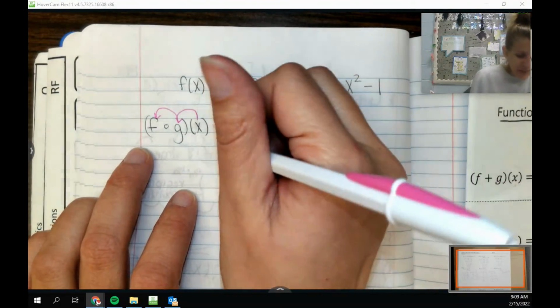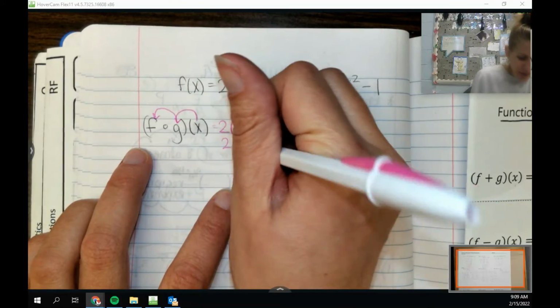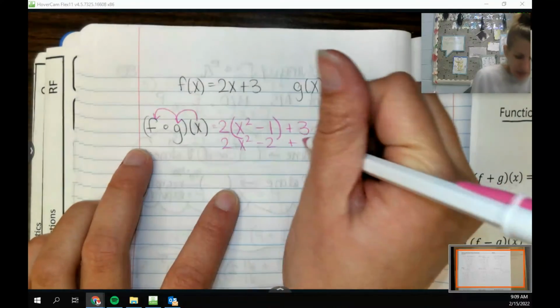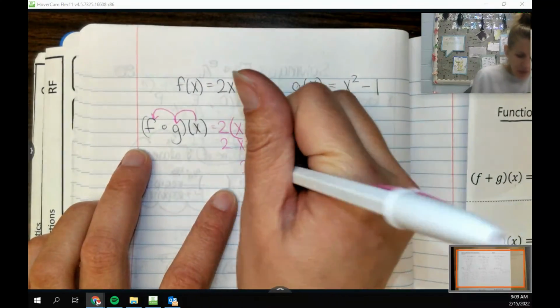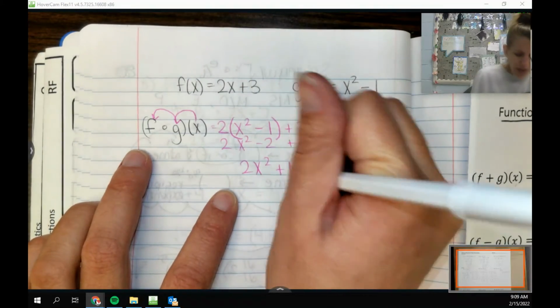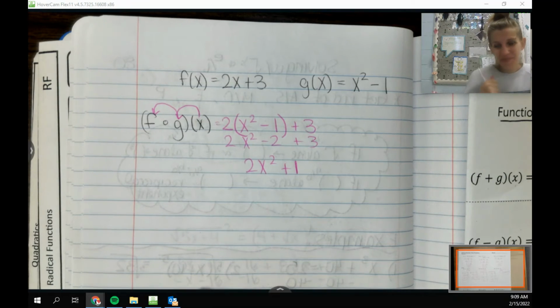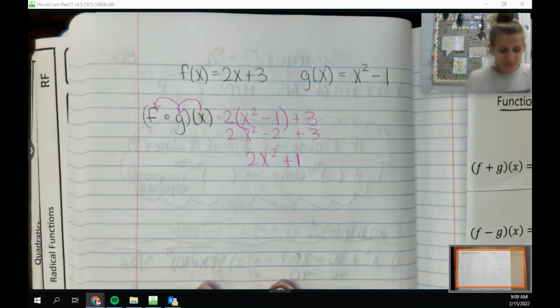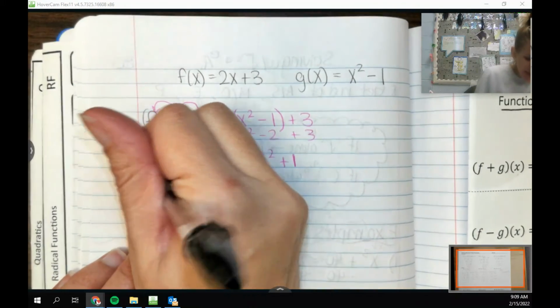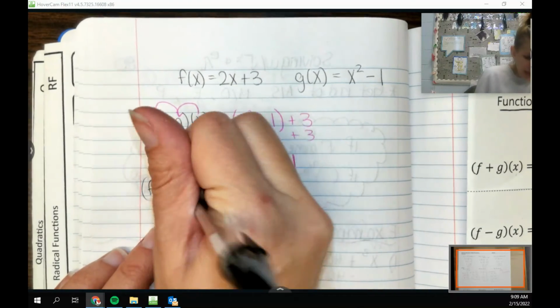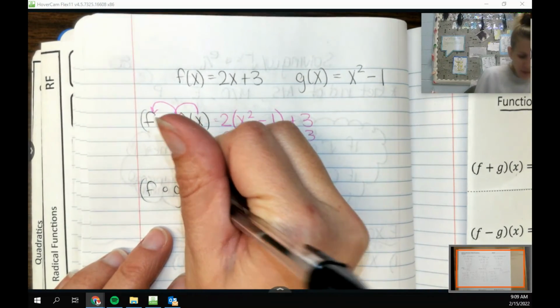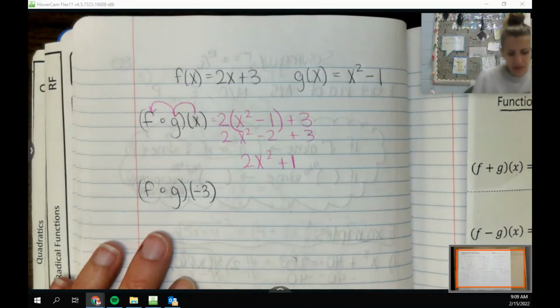And so then I can distribute here. So we'd have 2x squared minus 2 plus 3. And so 2x squared plus 1 would be my final answer there. So weird.